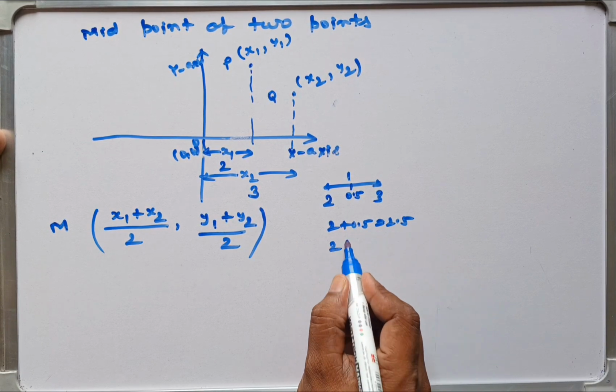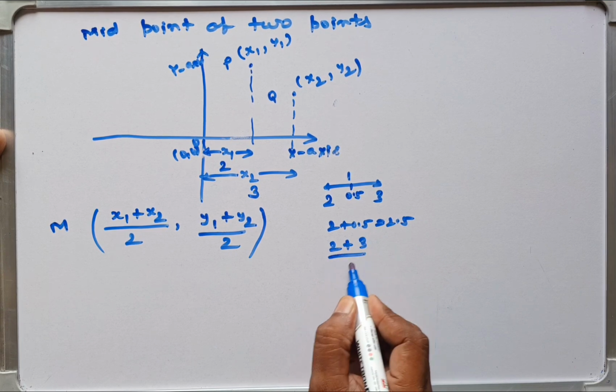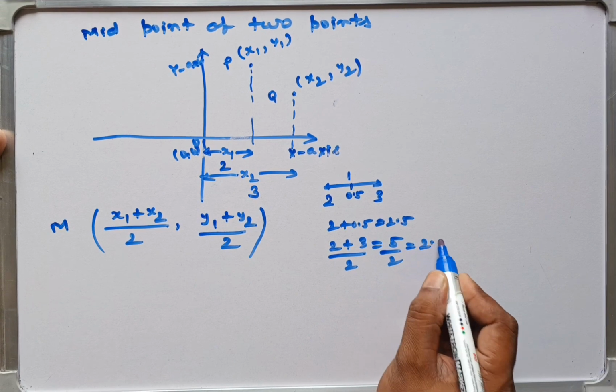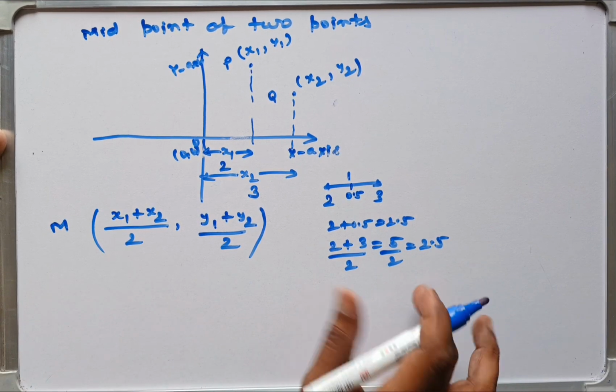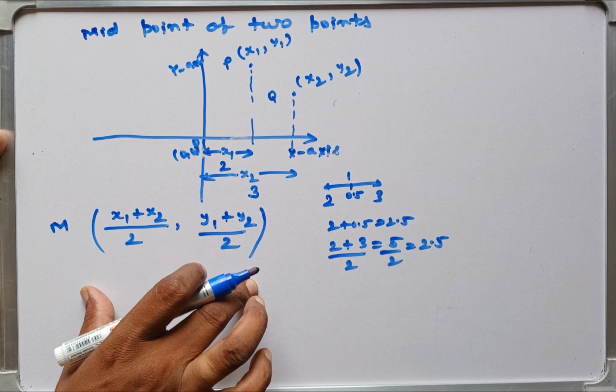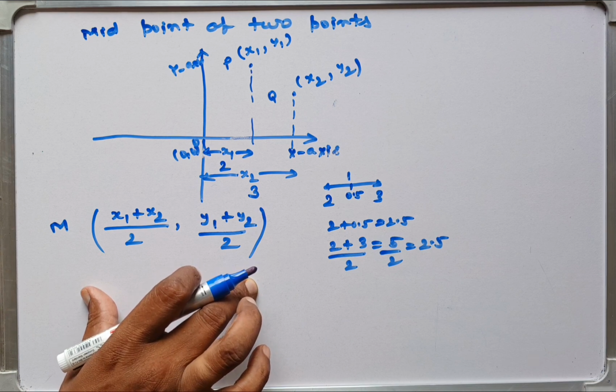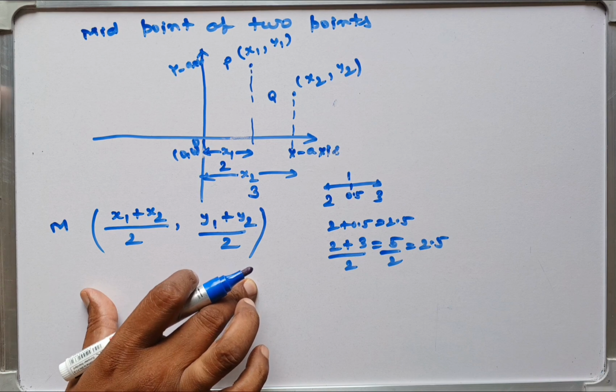Okay, if we take 2 plus 3 divided by 2, that is 5 by 2, then this will come 2.5. So in this way you can calculate the midpoint of 2 points.